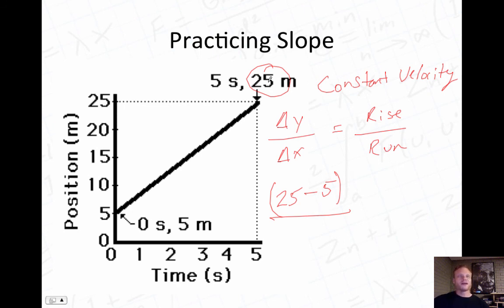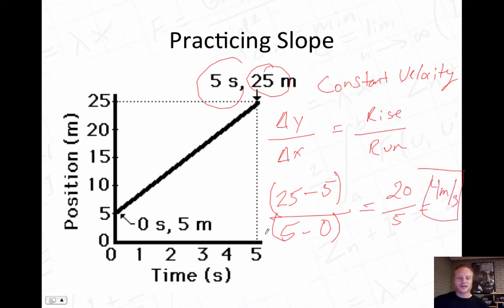And I remember I put my last coordinate first and my first coordinate last, if that makes sense. So my final time is 5 seconds minus my initial time, which is 0 seconds. So 5 minus 0. Okay? And if you do that in your calculator, or even your head, it's 20 over 5, which would equal 4. And what is this? Meters per second. Okay? Notice here's meters, here's seconds.